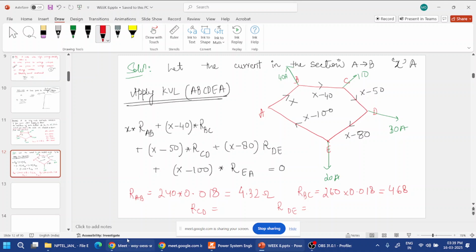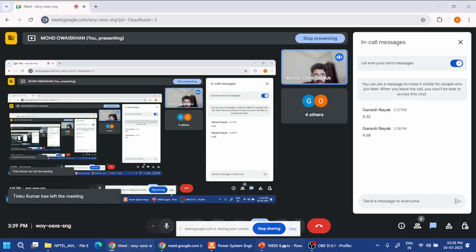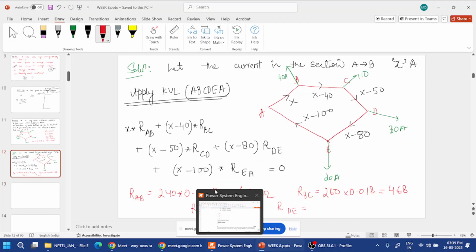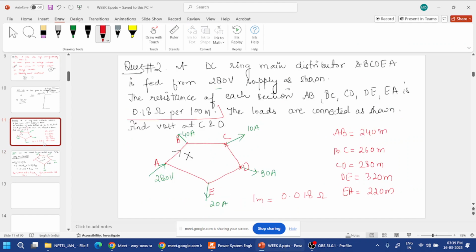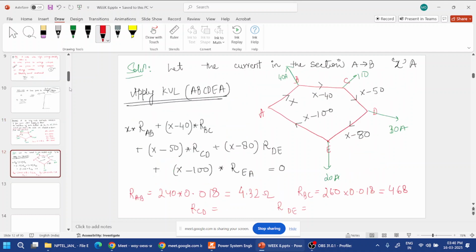Okay. What are those values for RCD and R? Sir, one doubt. 0.18 it is per 100 meter. Then per meter, 0.18 divided by 100 into 260 is coming around 0.468 rather than 4.68. Yes, exactly, that's what I wanted.